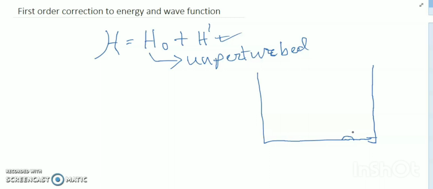So friends, again I just write H psi equals E psi.